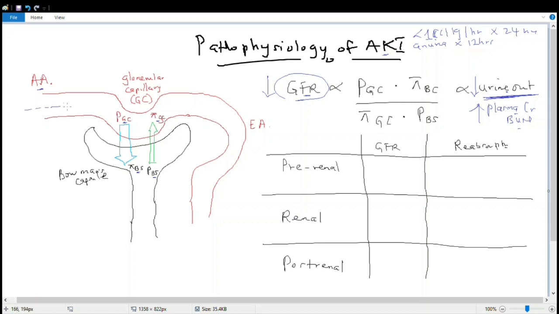We need to get plasma across. So blood is being brought in by the afferent arteriole. When it gets to the glomerular capillary, there will be a filtration pressure, a pressure gradient that must be generated here in the glomerular capillary that will lead to the movement of plasma or fluid across the barrier into the Bowman space, and that will be the first step in the formation of urine, right? So two of these four forces, the hydrostatic pressure in the glomerular capillary and the oncotic pressure in the Bowman space, are going to be needed to drive this blue arrow downwards here, to drive fluid across.